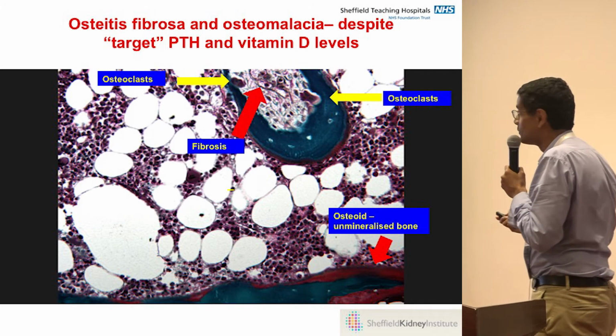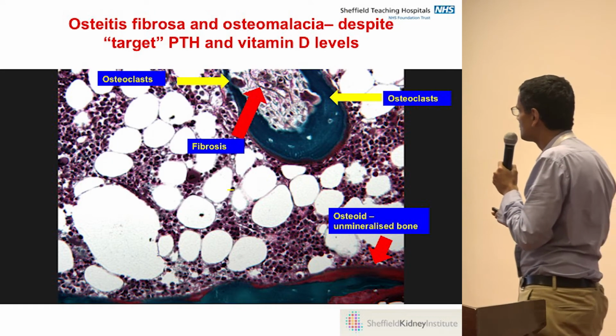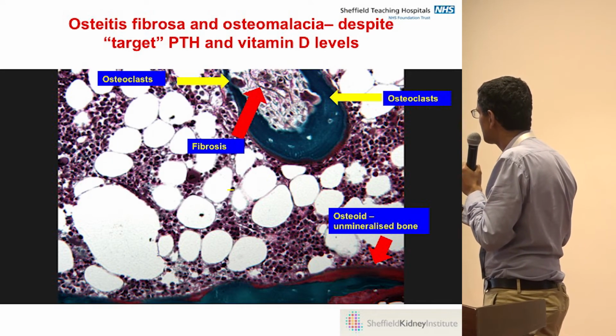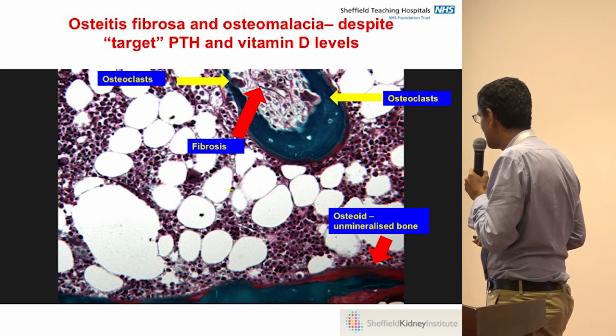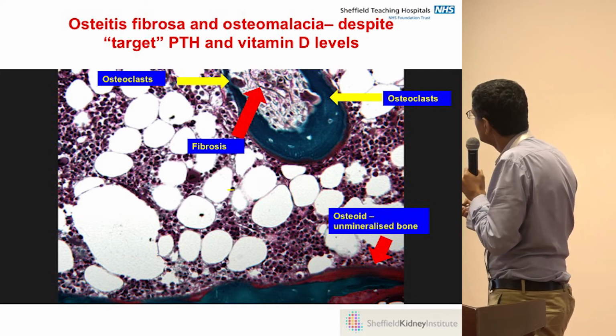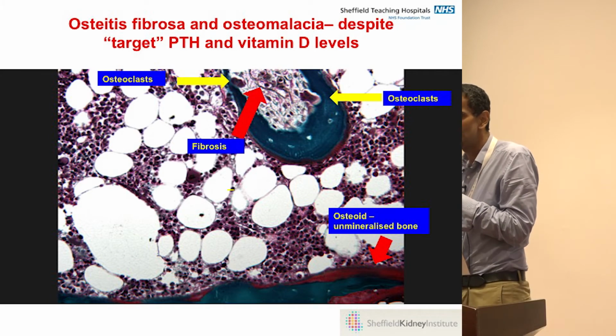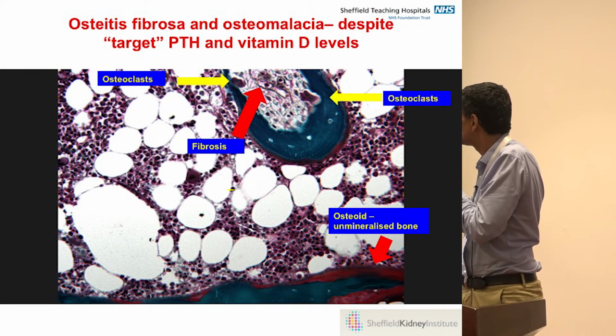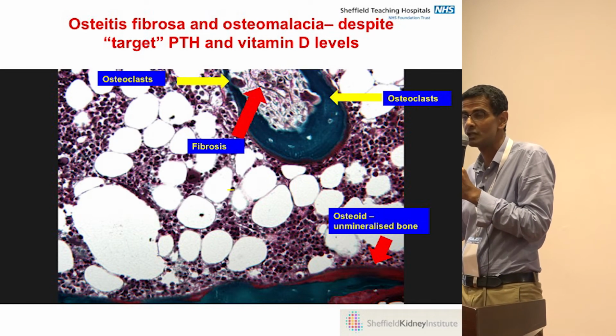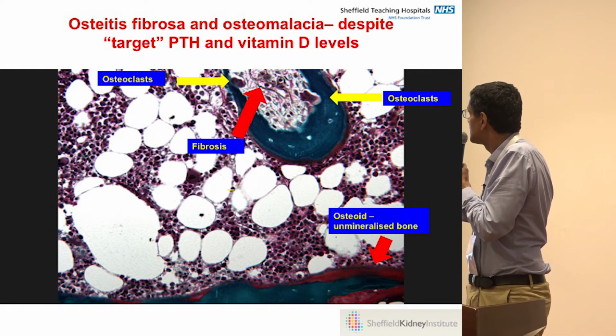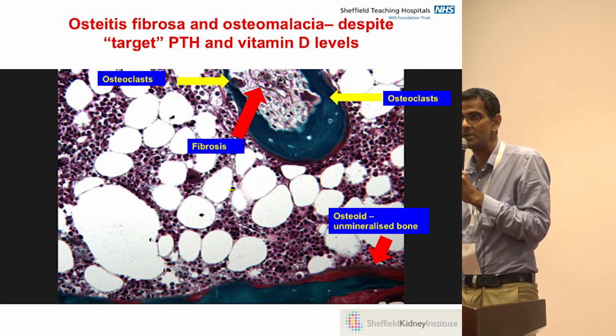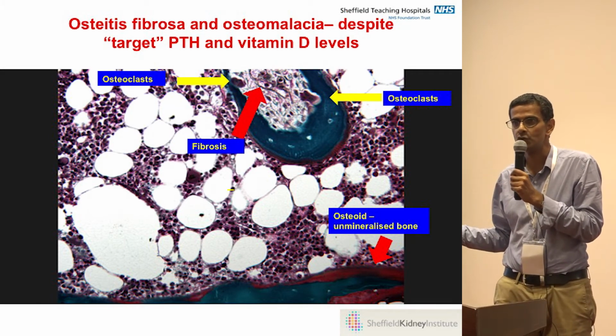And what you can see, I'm not an expert in bone histomorphometry, but this line here is an area of fibrosis, and here she's got some unmineralized bone, or unmineralized osteoid. So in her bone biopsy she had both osteitis fibrosa, that's really high turnover bone disease, and osteomalacia, despite the fact that her PTH and vitamin D are in the normal range.